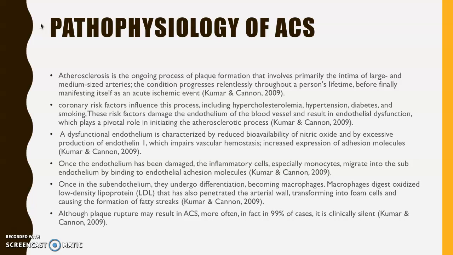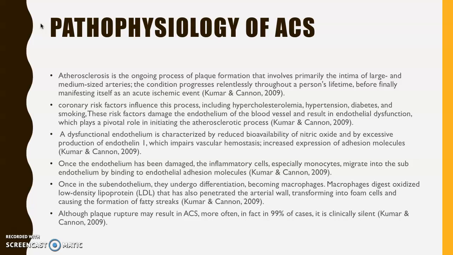A dysfunctional endothelium is characterized by reduced bioavailability of nitric oxide and by excessive production of endothelin-1, which impairs vascular hemostasis, and increased expression of adhesion molecules. Once the endothelium has been damaged, inflammatory cells, especially monocytes, migrate to the subendothelium by binding to endothelial adhesion molecules.